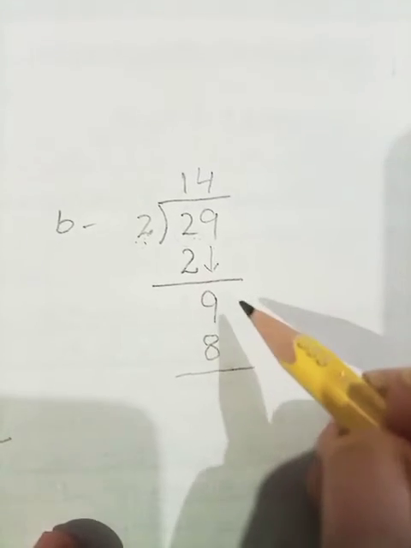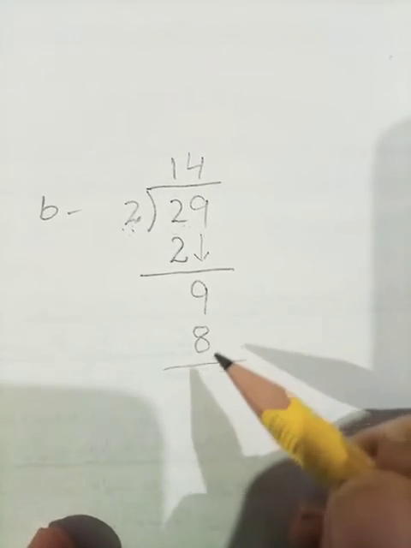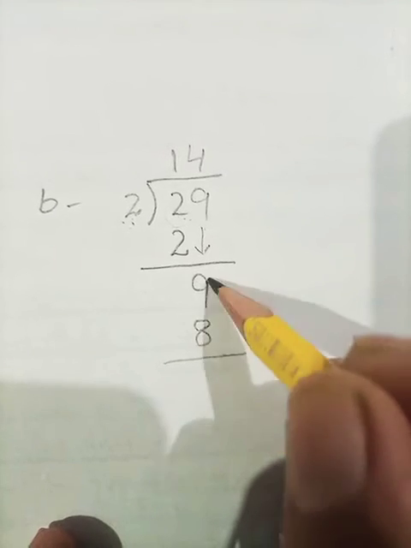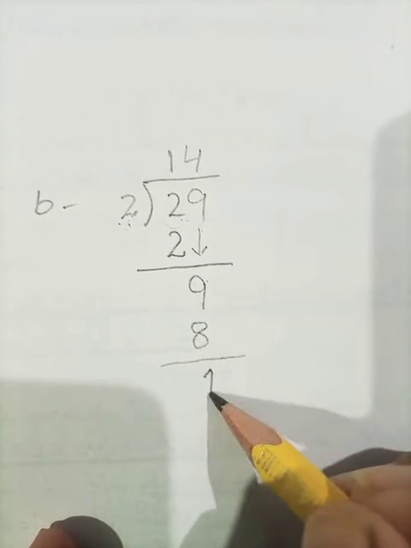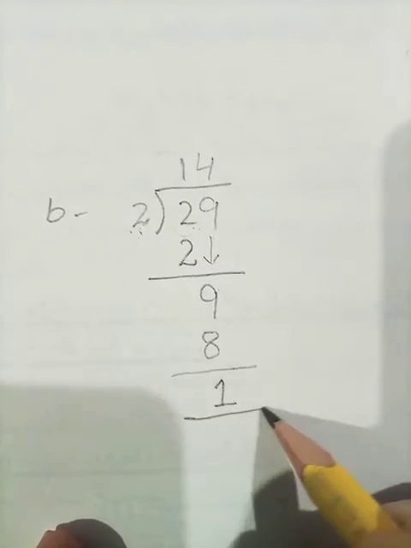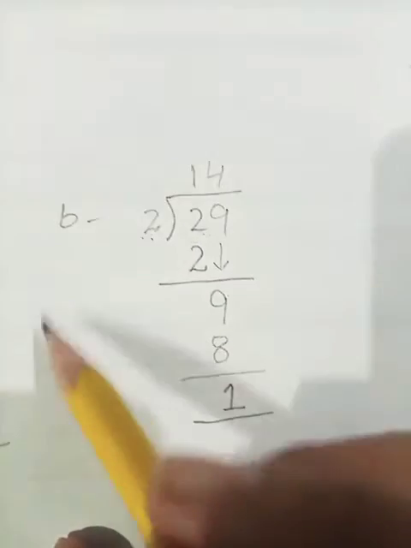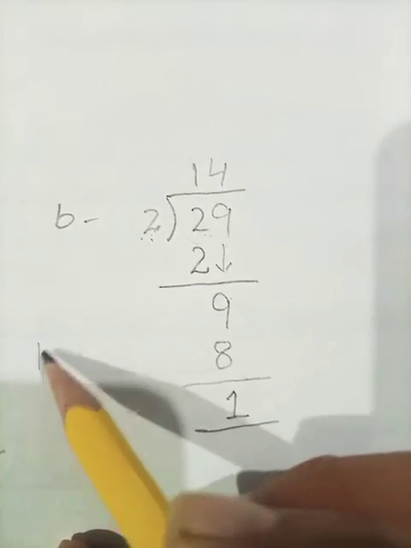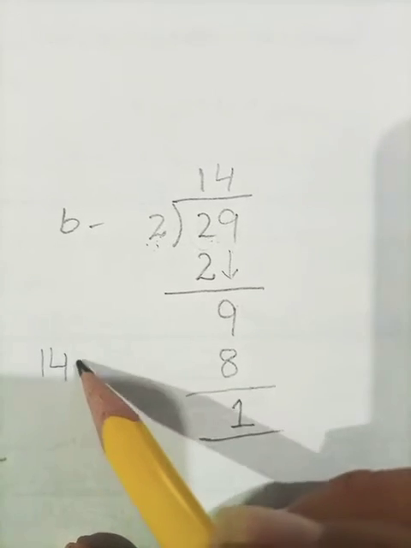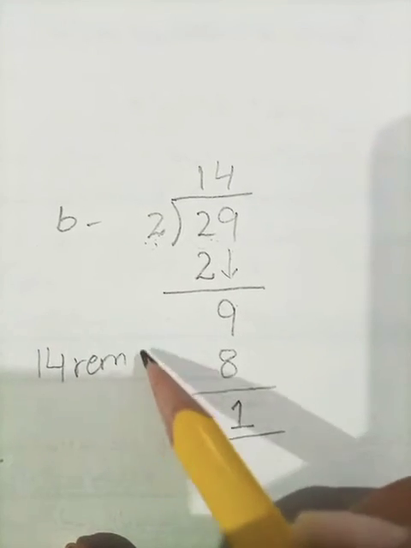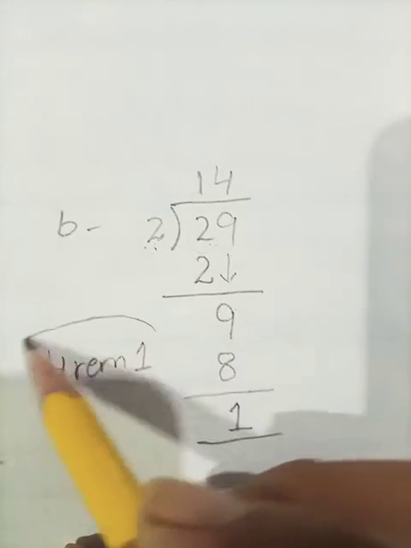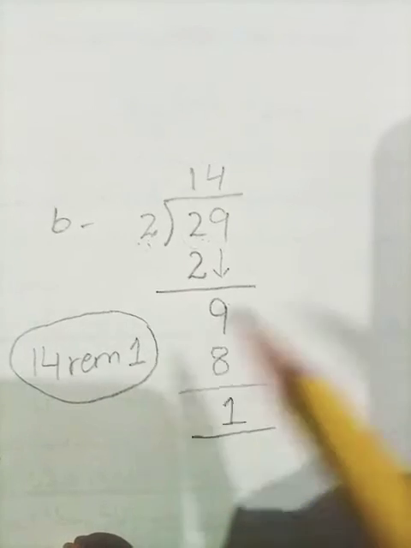Now students, again the next step is subtraction. When we subtracted 8 from 9, our remainder is 1. So how can we write our answer here? We can write it as quotient, remainder and answer. This one is our required answer.